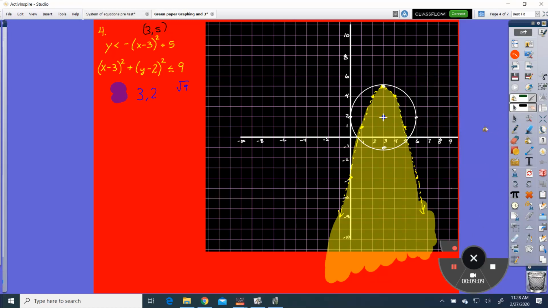Whoops, I don't want to do that. That would fill it all in. So the only place where these two intersect is right in here. So that's my answer.